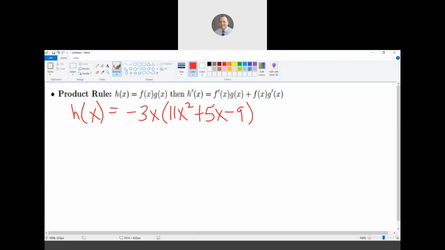Take the first derivative. Now, I realize we can distribute the negative 3x and just use the power rule for each term, but let's assume we can't do that, and let's use the product rule instead.